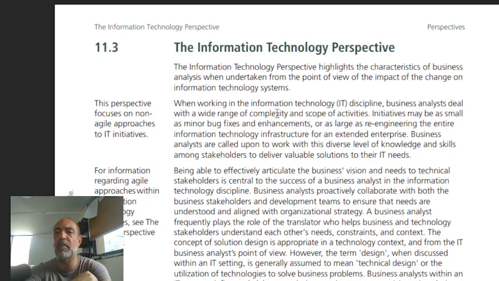Information technology perspective highlights the characteristics of business analysis when undertaken from the point of view of the impact of change on the information technology systems. Interesting. Information technology systems.